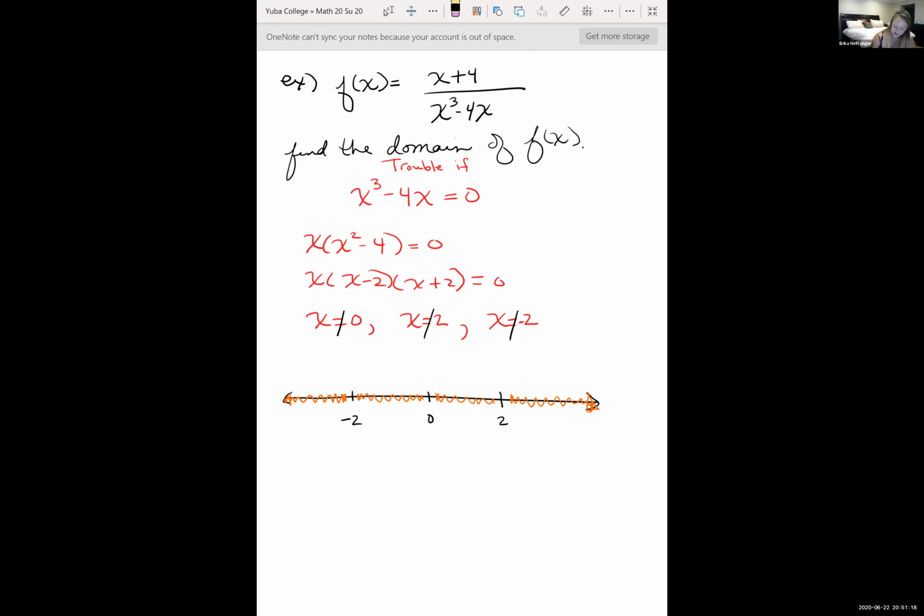And so we denoted it with parentheses that we weren't including it. You might see it with open circles there if we were graphing it, but the parentheses makes more sense when we're looking at writing this in interval notation.